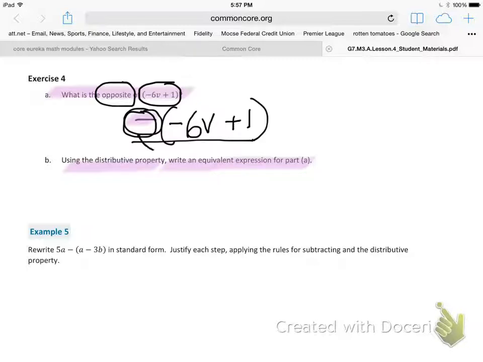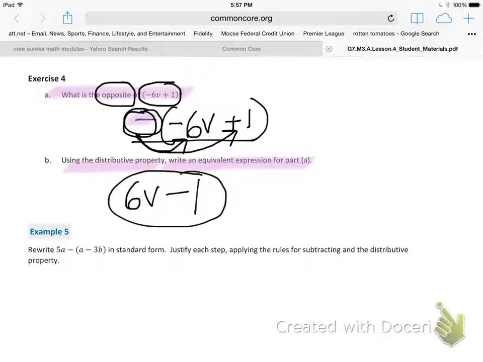So negative 1 times a negative 6v is going to be, of course, negative times a negative is a positive, 6v. A negative 1 times 1 is negative 1. So this expression here is probably most correctly written like this, 6v minus 1.